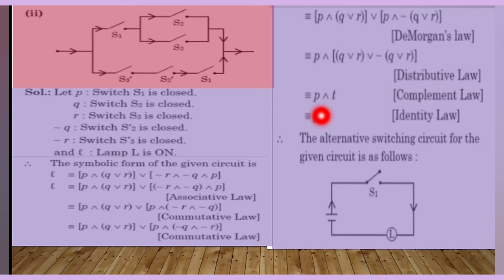Now apply again the complement law. Complement law means apply it in this bracket: P or negation P is T. Here T means tautology.